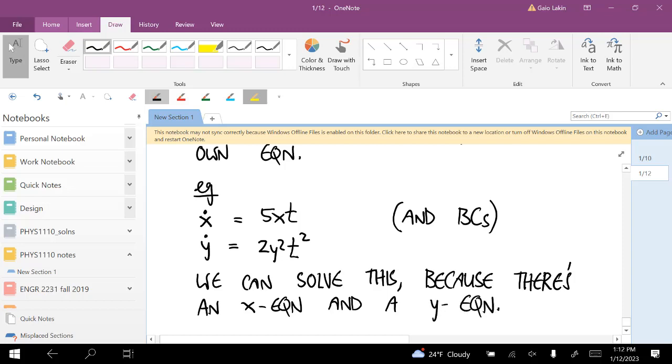The way you would solve that is you treat it like it's two separate problems. You do the x problem first, and then you do the y problem second.